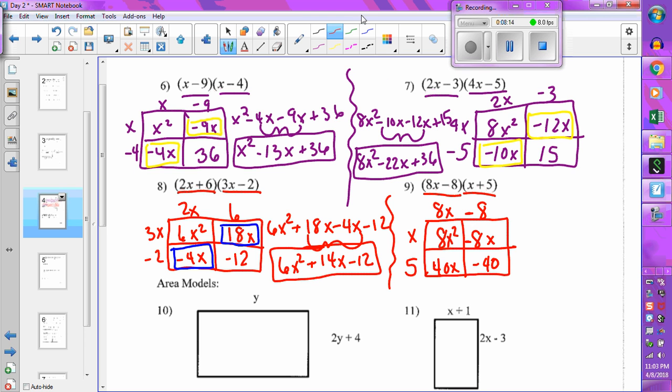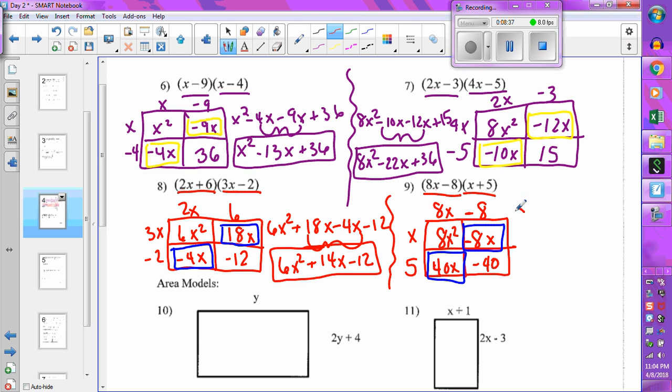All right, I am going to put boxes around my like terms, which is a negative 8x and a positive 40. All right, so what I'm going to do now is I'm going to write it in standard form.